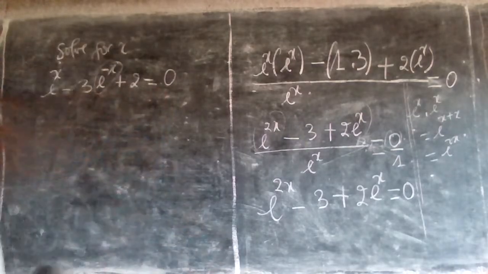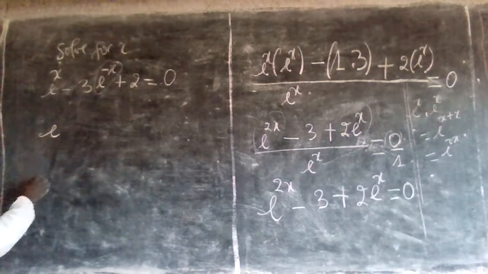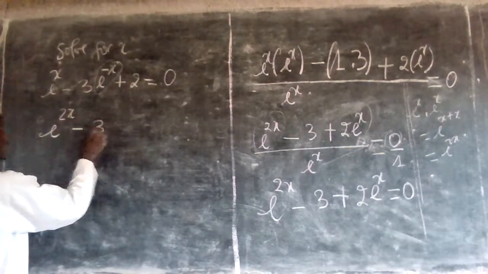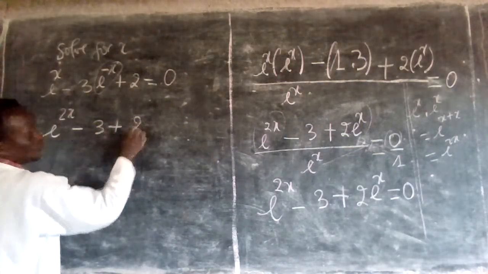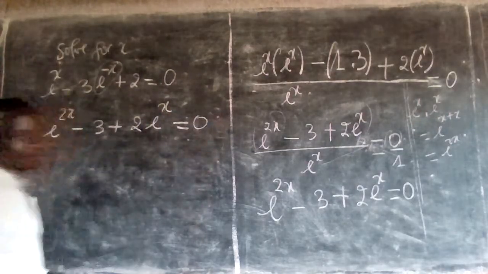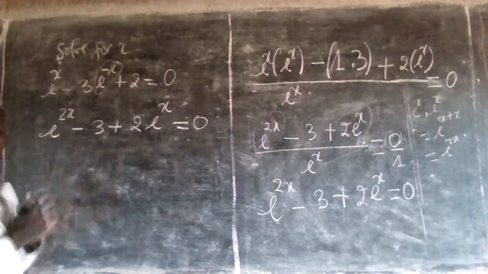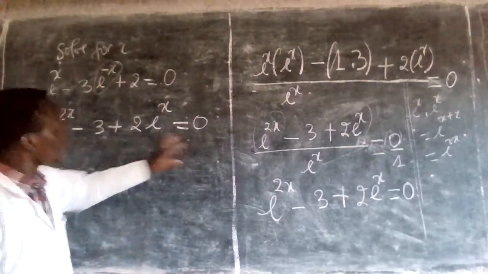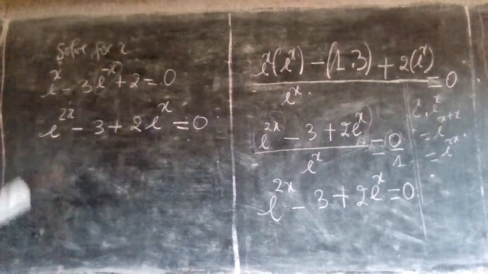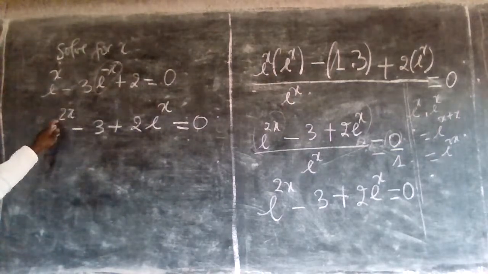Let us continue. We have e^(2x) minus 3 plus 2 times e^x, which is equal to 0. Now here, what are we going to do? We are going to arrange from the highest degree to the smallest degree. You see here we have the highest degree, which is 2.